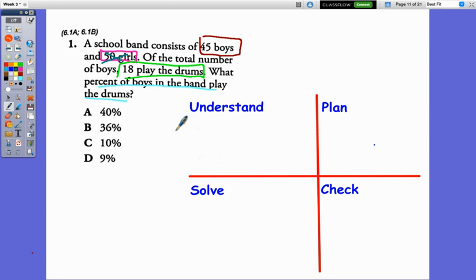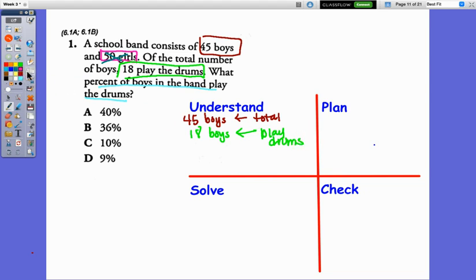So let's see what we know. I understand that there is a total of 45 boys, and I also understand that 18 boys play the drums.